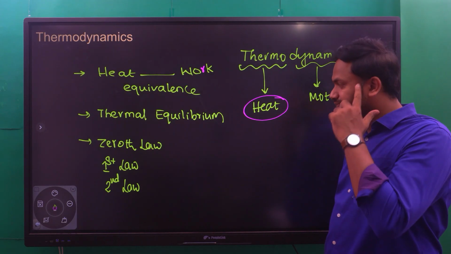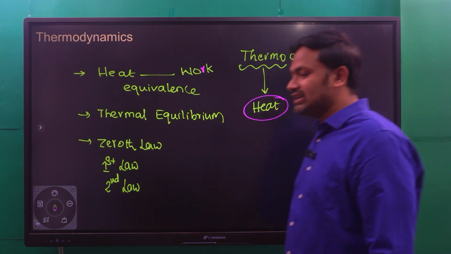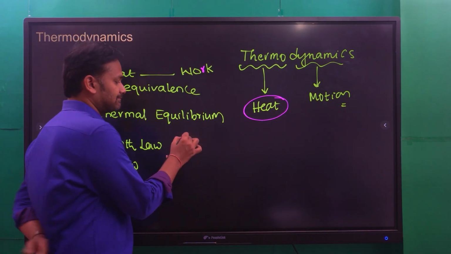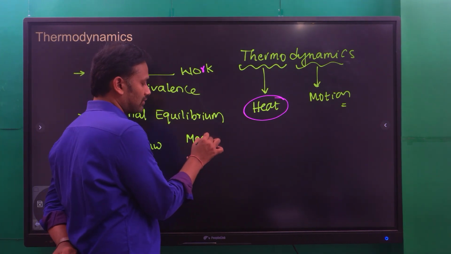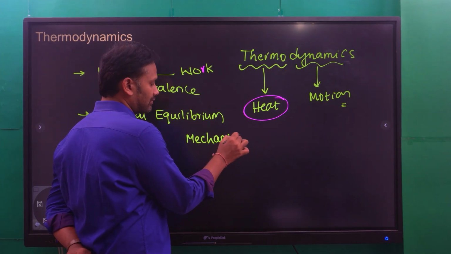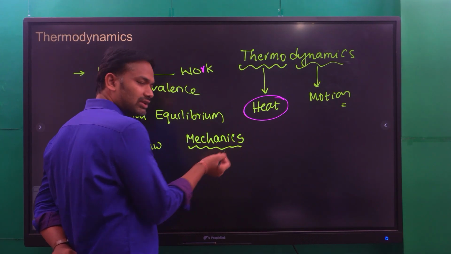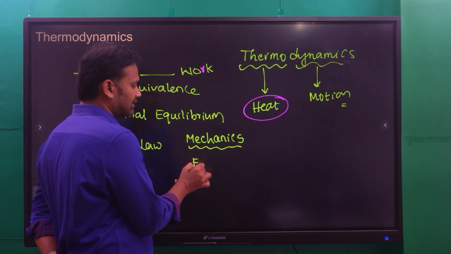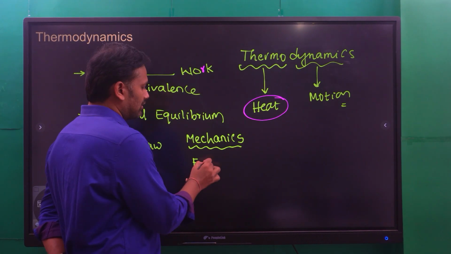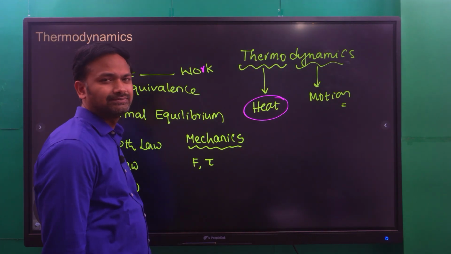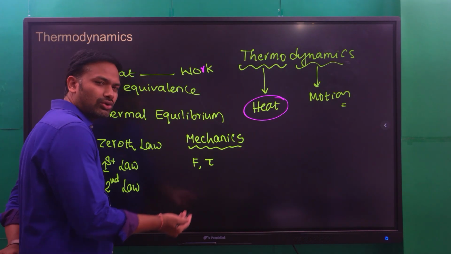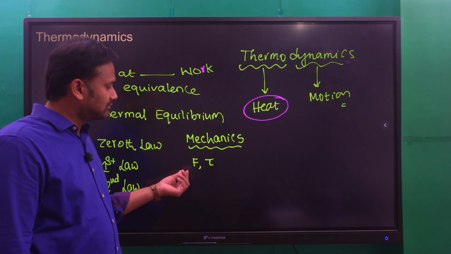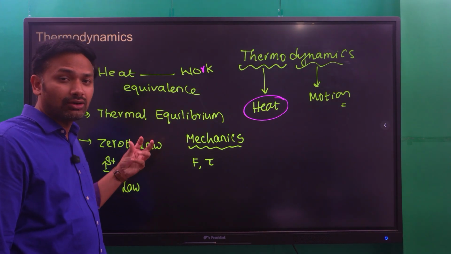Now, generally when we take mechanics, what are the parameters we get? You get force, and torque tau. These are the parameters that put objects into motion.